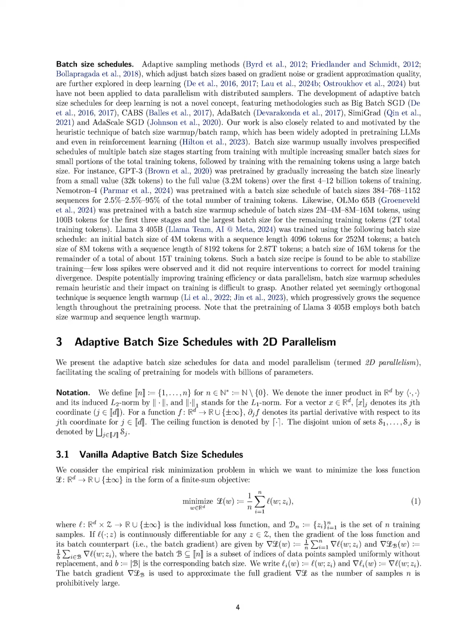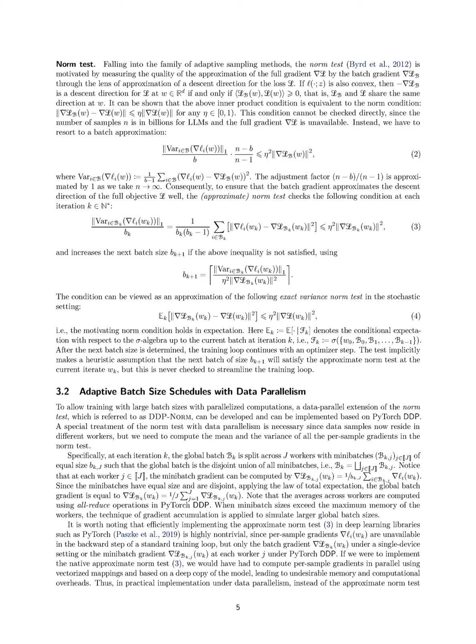The proposed adaptive batch size schedule operates through a systematic process that adjusts the batch size based on the quality of gradient approximation. Initially, the training loop computes the batch gradient using a subset of data points, and the norm test is employed to evaluate whether this batch gradient approximates the descent direction of the full objective well.